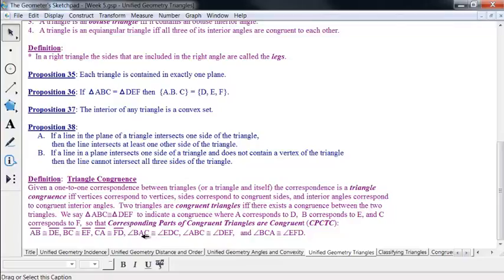The interior angle at A is congruent to the one at D. The one at B is congruent to the one at E, and the one at C corresponds to the one at F, and they need to be congruent as well. So you get all six pairs of measures of sides and angles to match up in a congruent fashion.